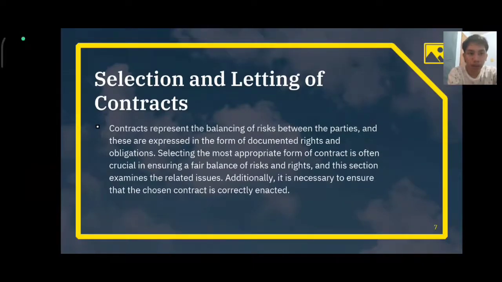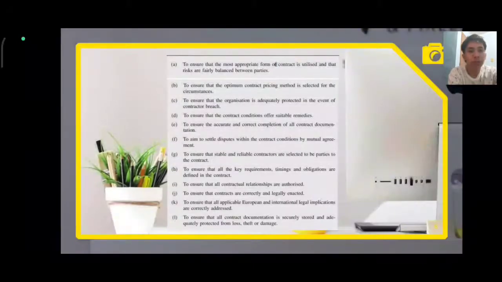Then next is yung objectives of selection and letting of contracts. A. To ensure that the most appropriate form of contract is utilized and that risks are fairly balanced between parties. B. To ensure that the optimum contract pricing method is selected for the circumstances.